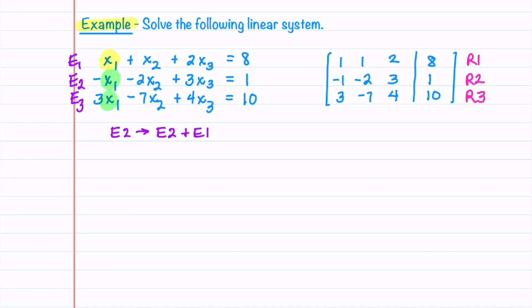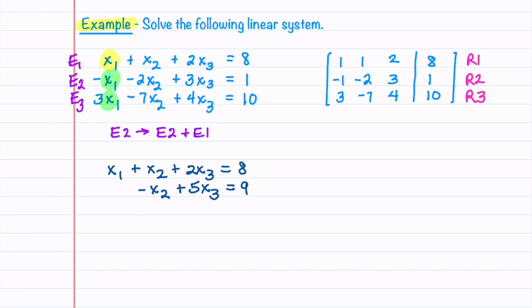Equation 1 stays the same. And then our new equation 2 is going to be x1 minus x1, which is 0, and then x2 minus 2x2, which gives us a minus x2, and then 2 plus 3 is 5, so we pick up a 5x3, and then we have 8 plus 1, which is 9, because we're just adding those two equations.